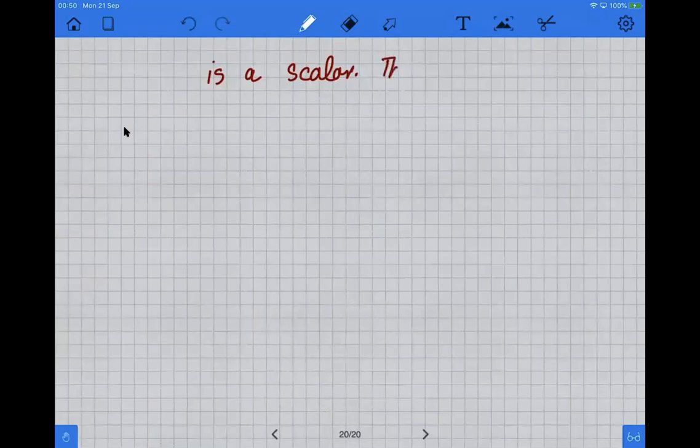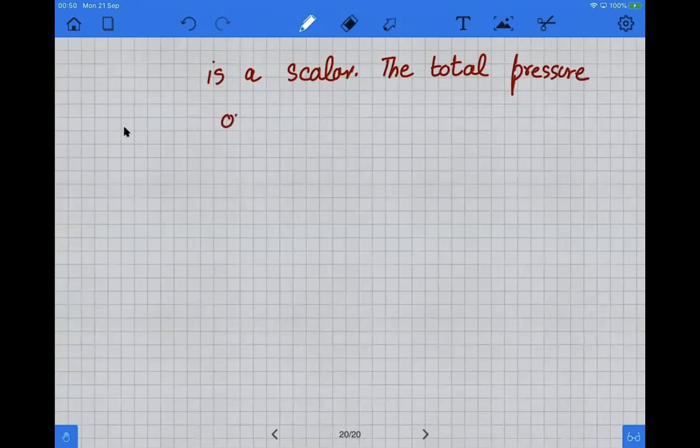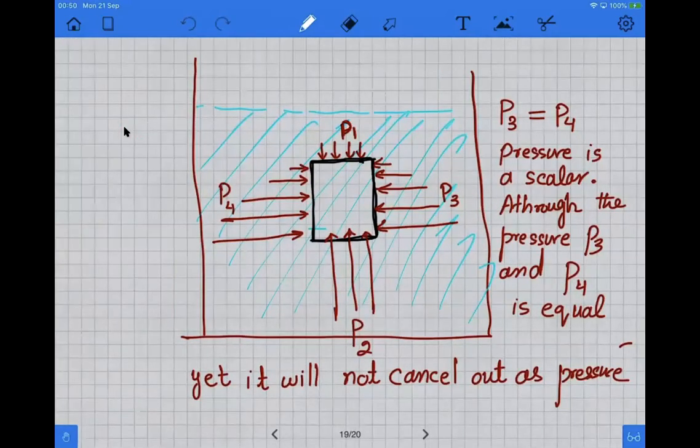The total pressure on the vertical sides, what are the vertical sides? This AB and this CD are the vertical sides.